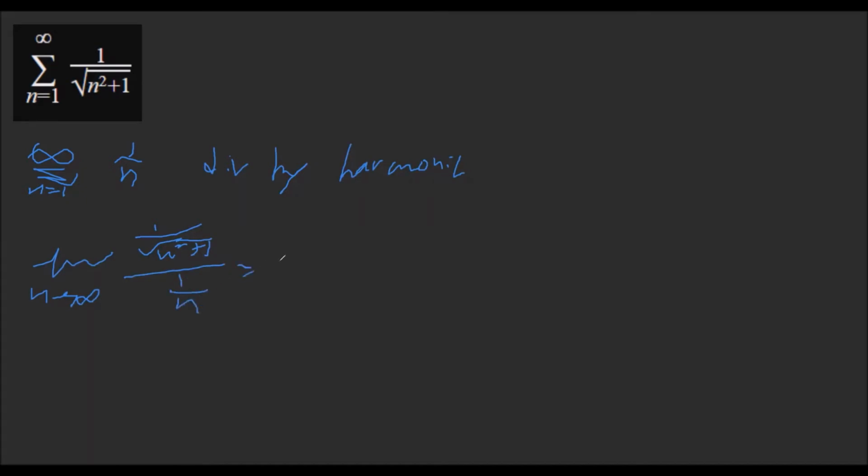Okay, we could simplify this a little further, and we end up with n over the square root of n squared plus 1. Now this right here is actually equal to 1. And since 1 is positive and it is not infinite, then we can safely say that this original series of n equals 1 to infinity, 1 over the square root of n squared plus 1, diverges by the limit comparison test.